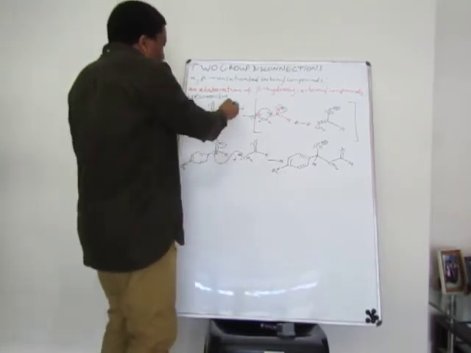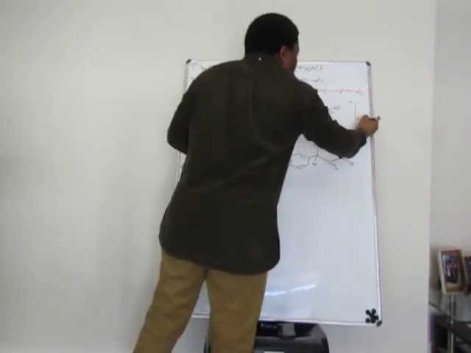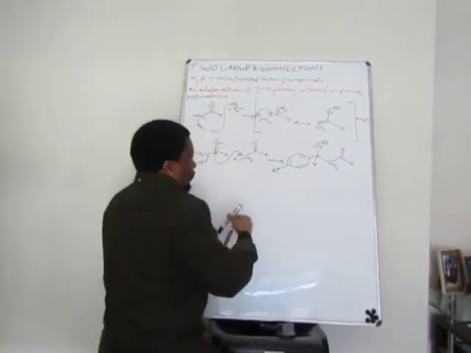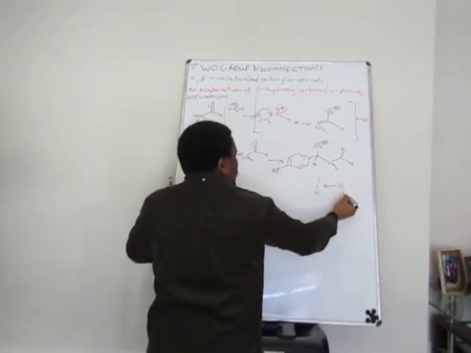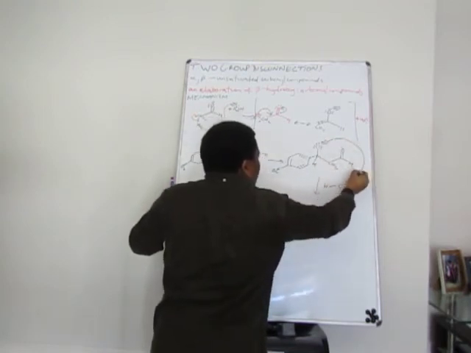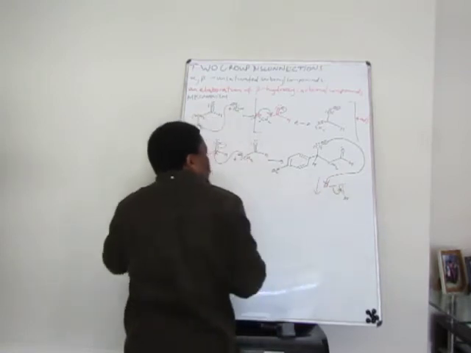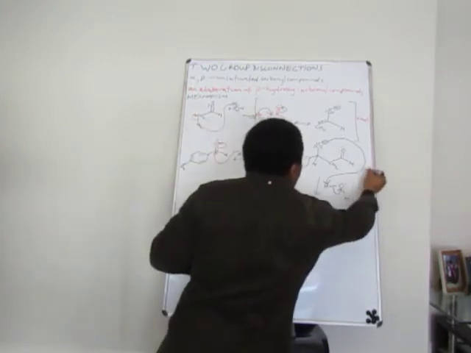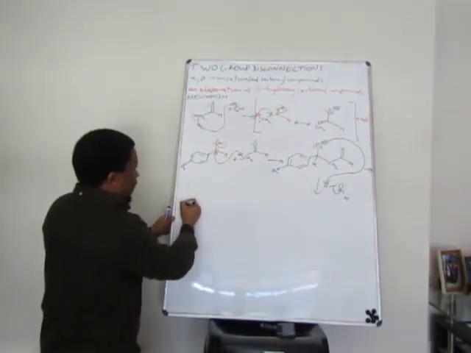Now remember, there was water formed there as a byproduct, H2O in that case. Now that H2O, there's my water, comes and picks up a proton here as it leaves, right? Then in the next step, we get the beta hydroxy aldehyde.